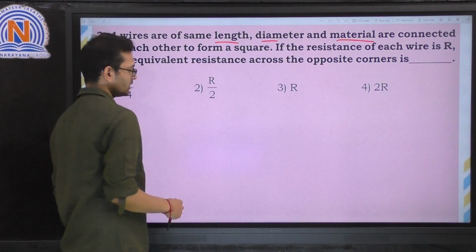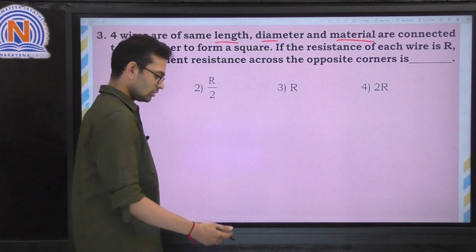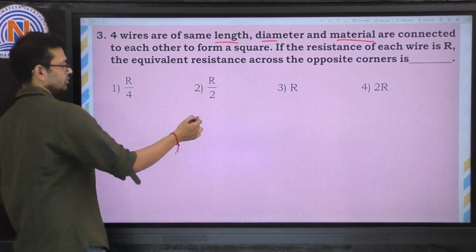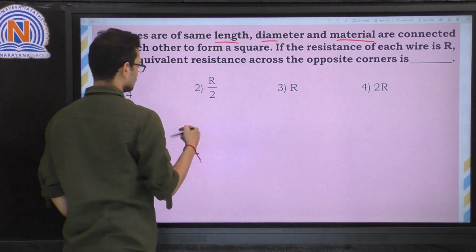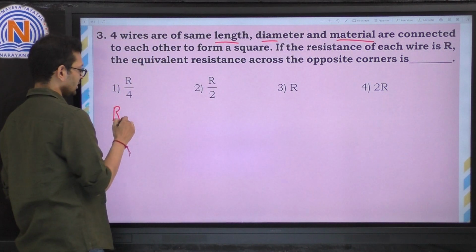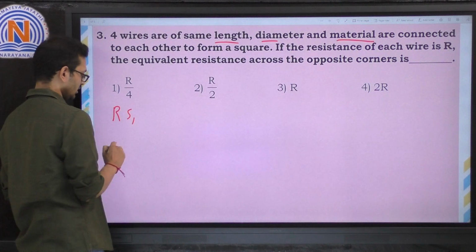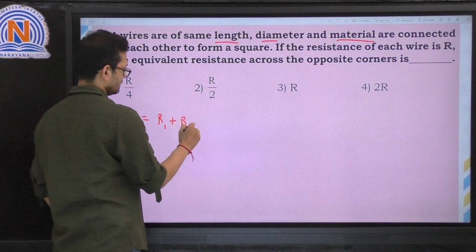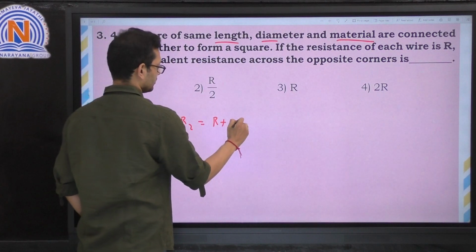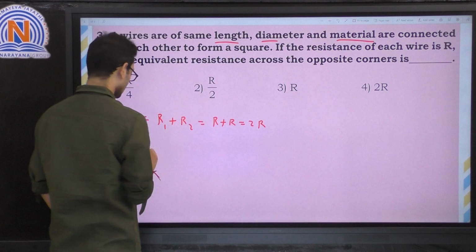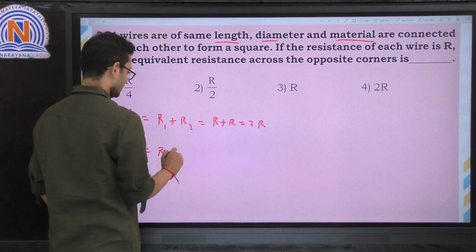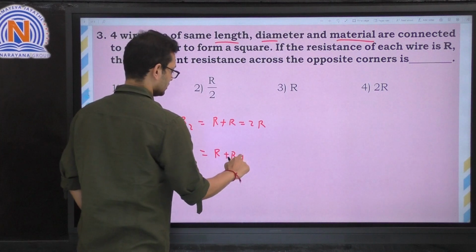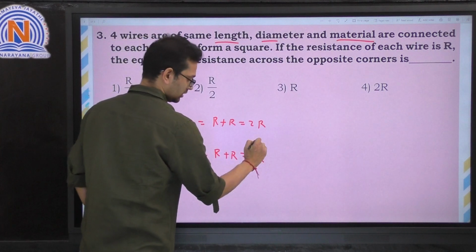Now when this kind of situation comes, you have to go with 2 corners, so you can have two paths. Let us take RS1 and RS2. We'll have R1 plus R2, which is R plus R, equal to 2R, and here also R3 plus R4, which is R plus R, equal to 2R again.